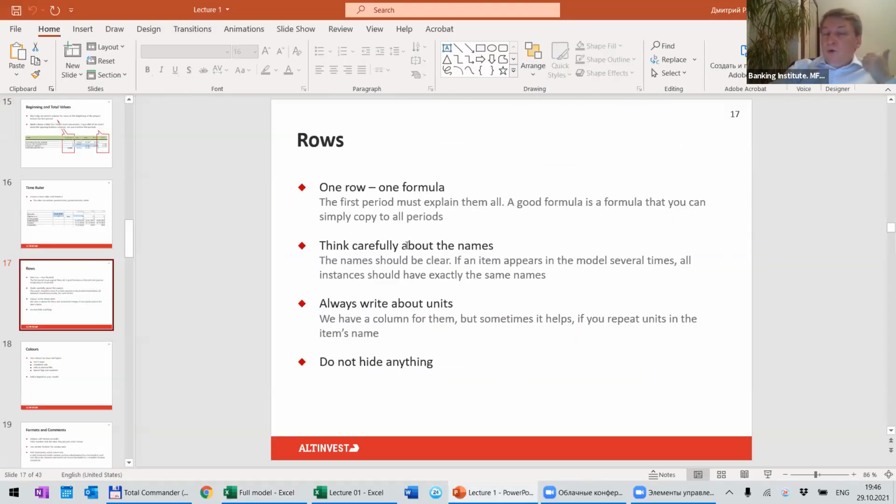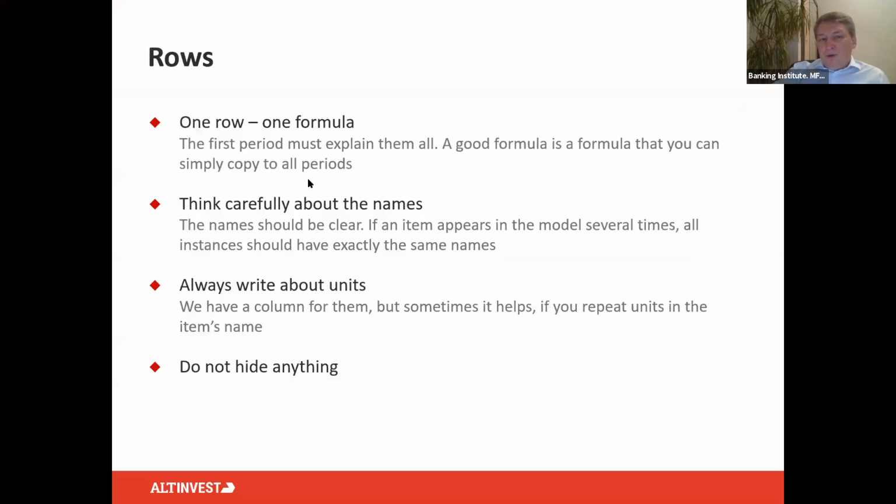Okay, so one rule, one formula. Each time you deviate from this rule, you will lose this ability to just copy and distribute every formula in your model. Basically, in real life, it's hard to keep all your lines with this rule.